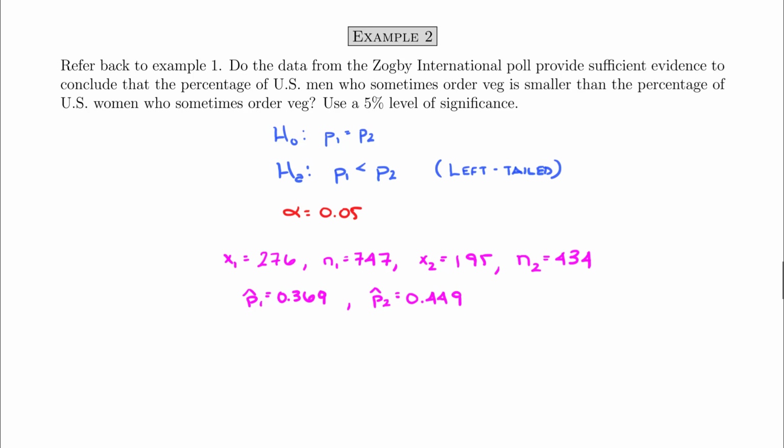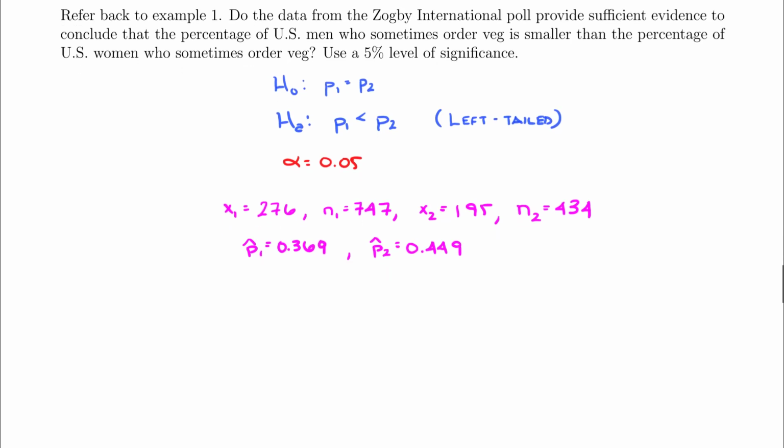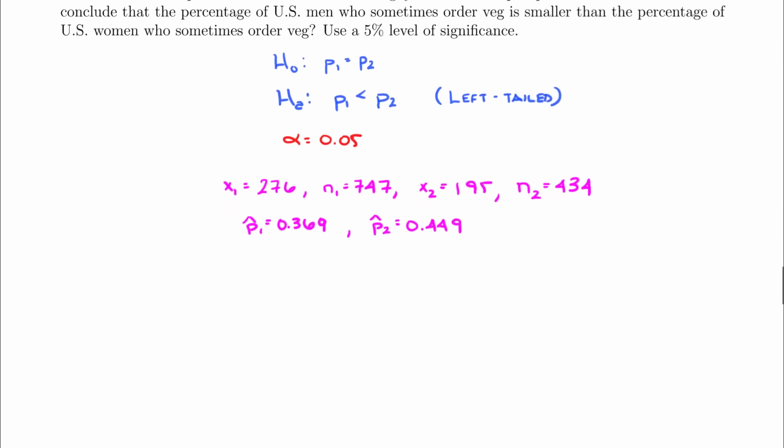The only other value that we need to compute before we can find Z is the value for p hat sub p. And remember, that just simply takes the sum of x sub 1 plus x sub 2 over the sum of n sub 1 plus n sub 2.